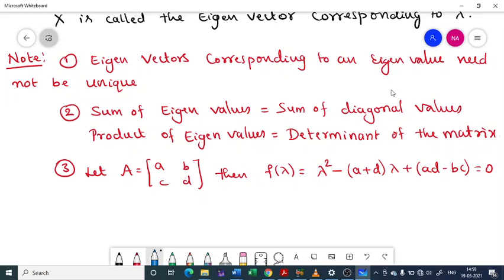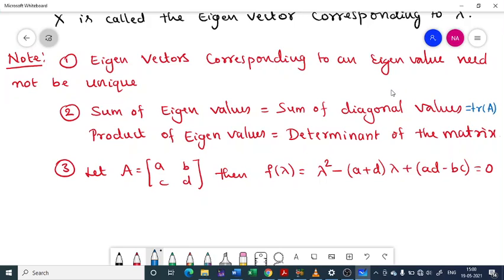That sum of the diagonal entries is called the trace of that matrix, trace of A. So generally the sum of eigenvalues is equal to the trace of A. The product of eigenvalues is equal to the determinant of A. I think you are familiar with the determinant concept, so I don't go much into that.